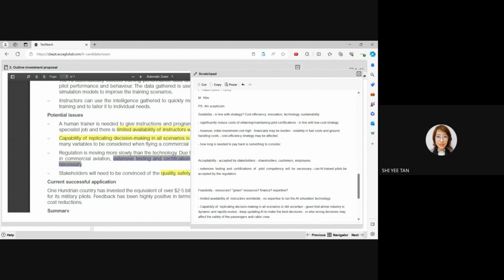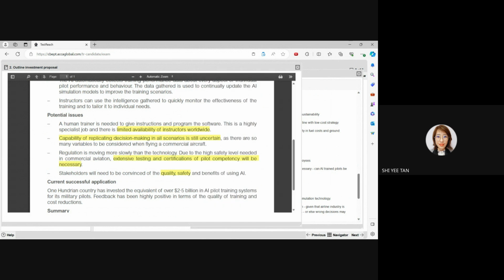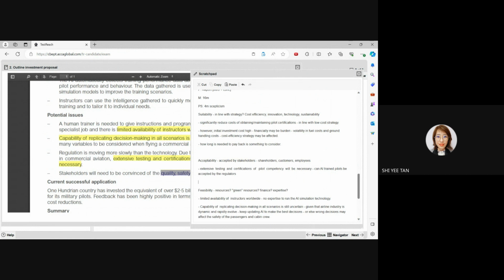Right? Okay. Next one is whether stakeholders can accept or not, because stakeholders will need to be convinced on the quality and safety, right? So whether our passengers trust the AI-trained pilots or not, that's the issue.